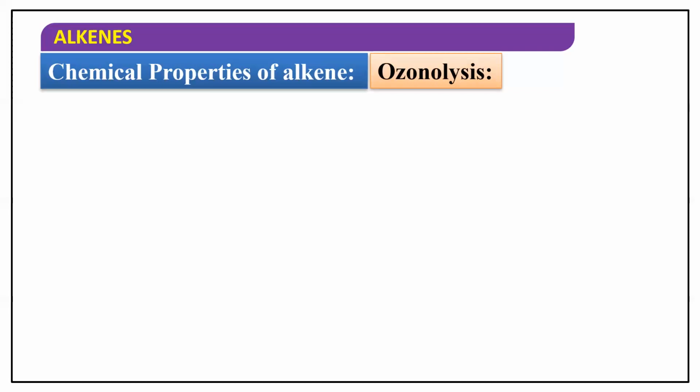It is clearly understood that I can break this word into two different parts: ozone and lysis. Lysis is break, and ozone is nothing but O3. So this reaction involves ozone, and this reaction also involves some break. Hence this reaction is called the ozonolysis reaction.